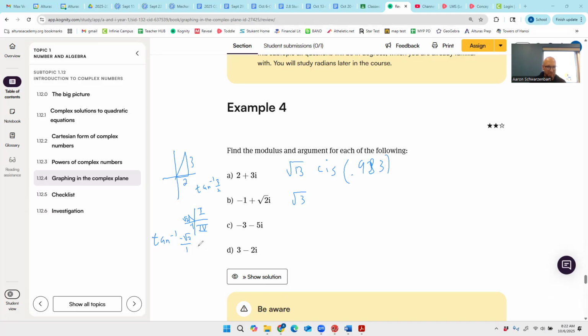So it gave me a value of -0.95. I know that would be over in quadrant 4. So I just add pi.